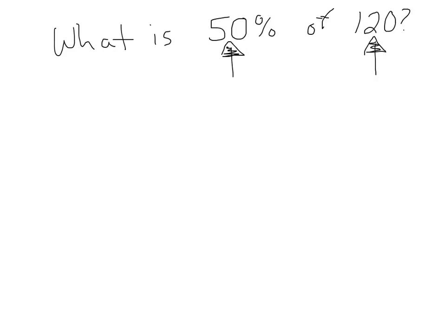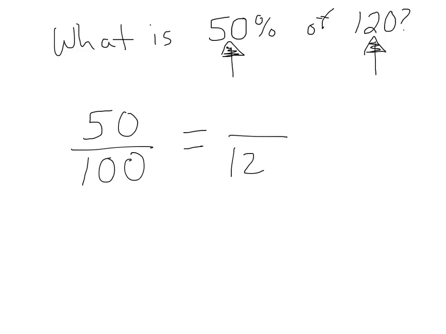What is 50%? Well, you know you're talking about 50 out of 100%, and you're talking about 50% of some number. You don't know what part of that number 50% is, but you know it is a part of that number. It's not the whole thing.